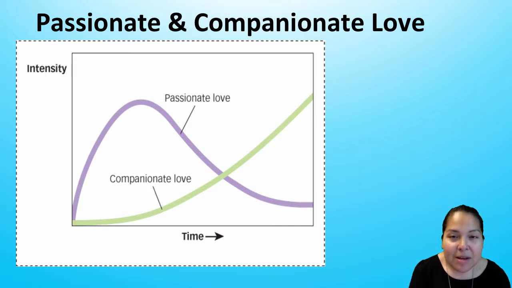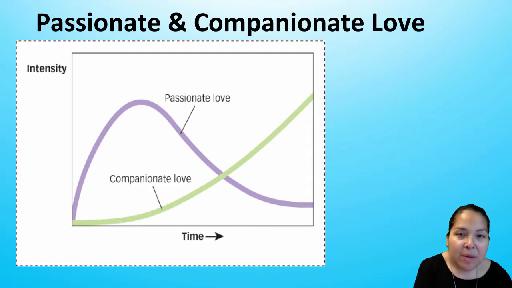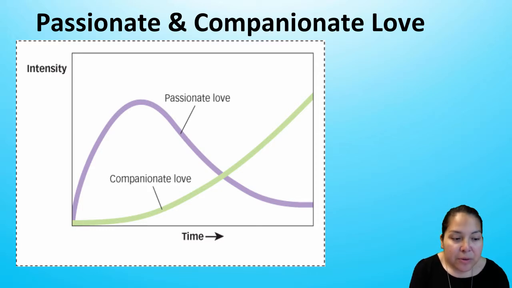As time goes on and they spend more time with that individual, the passionate love dies down and grows into more of a companionate love where it is built on trust and affection toward your partner, as opposed to that intense attraction that you saw within the first few months of being in a relationship.